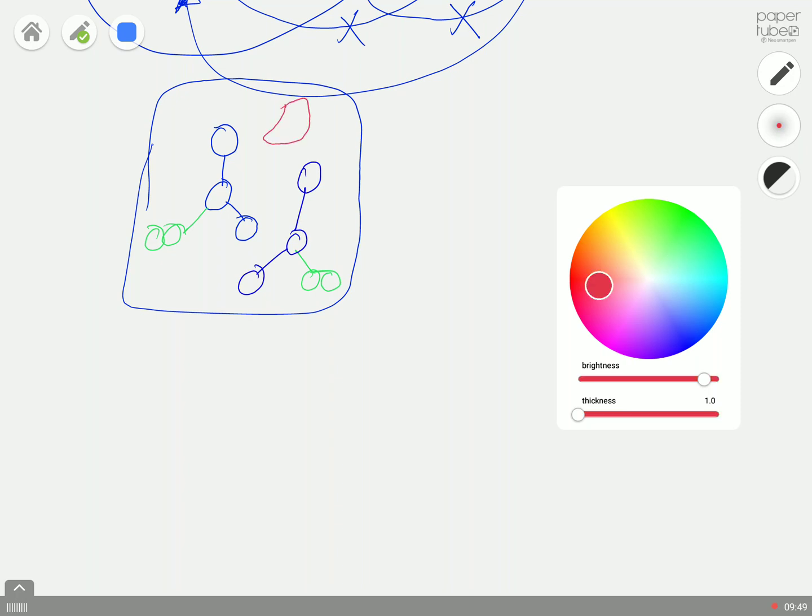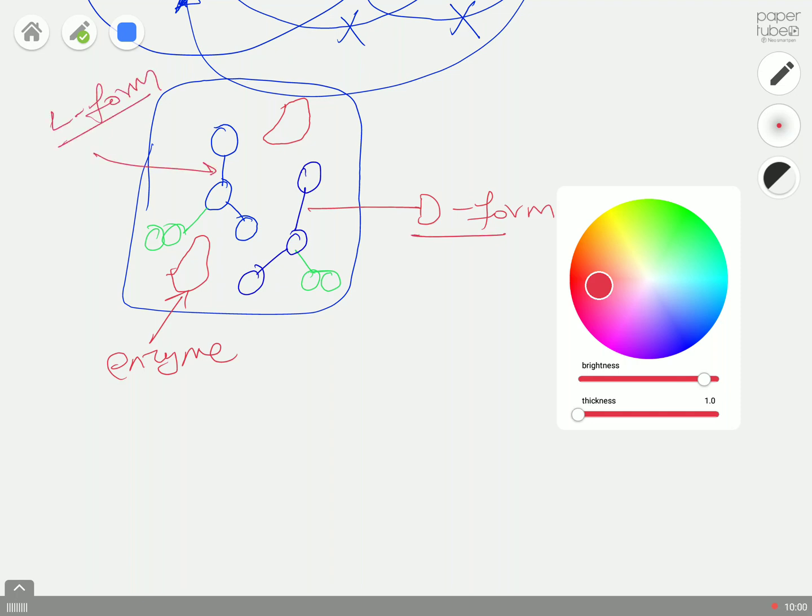Say these are your enzymes. So this is the D form, say L form. The enzyme can recognize only this compound, so they go together. This one, no.